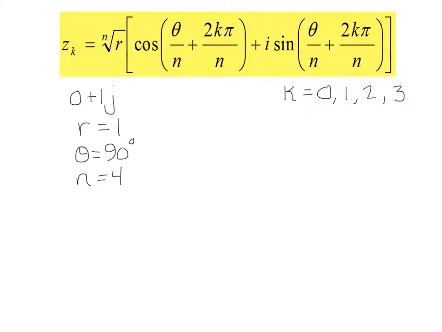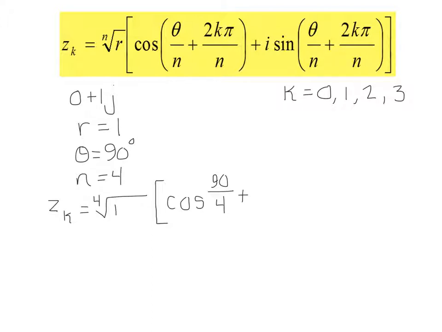So I want to start by plugging in our theta and n in all of the places that they belong. So z sub k equals the nth root of r. That would be the fourth root of 1, times the quantity, cosine of theta over n, which would be 90 over 4, plus, now the version of the formula that I have displayed here is in radians.